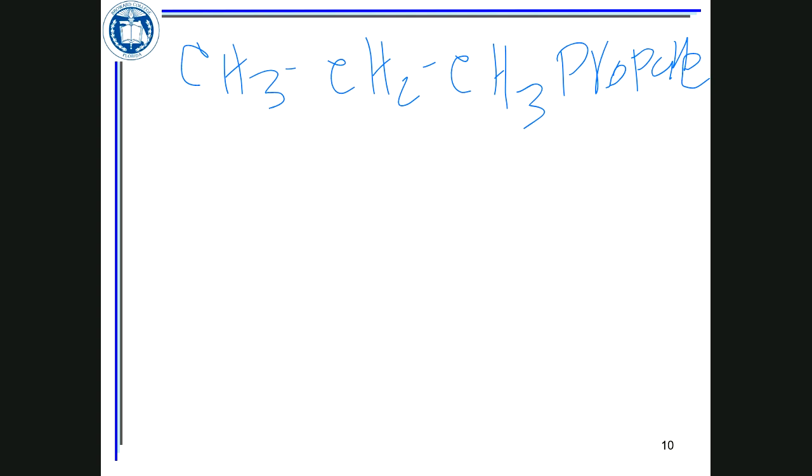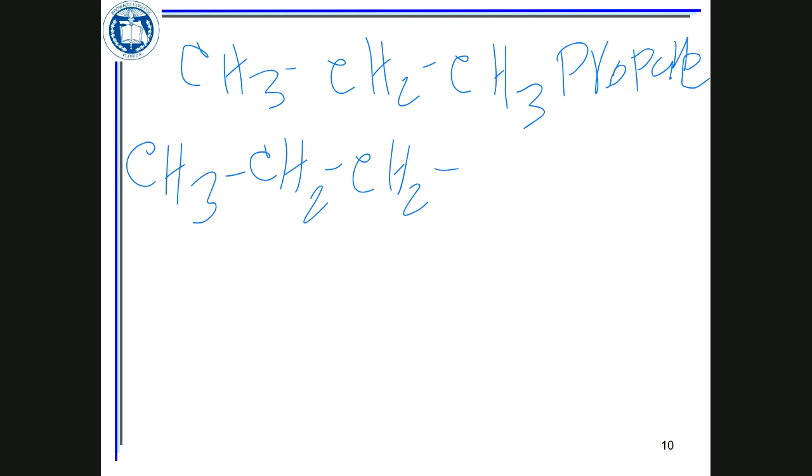Now, if it's going to lose 1 hydrogen, it becomes CH3, CH2, CH2, and the name for this is going to be propyl. So we have the "yl" extension added.